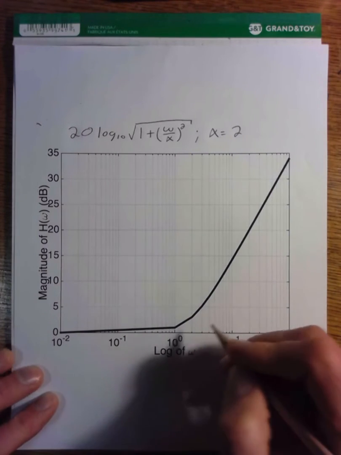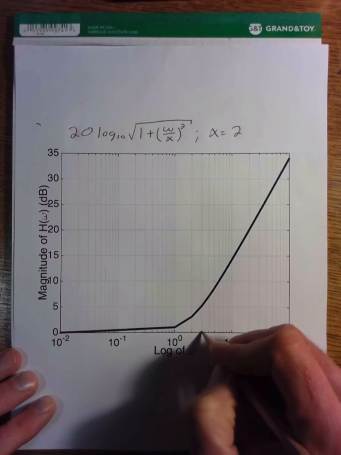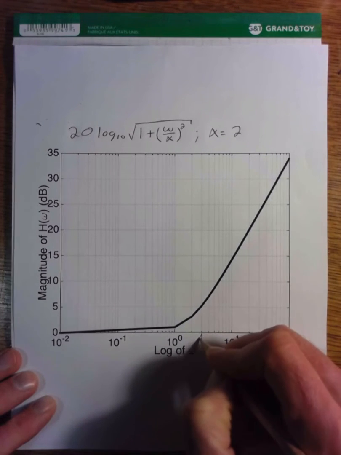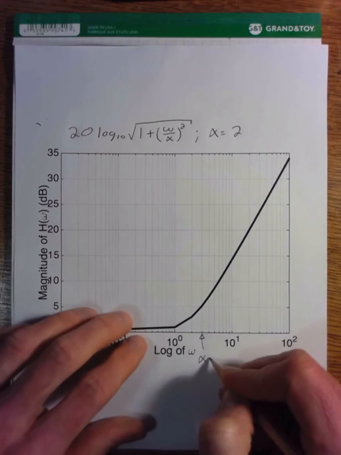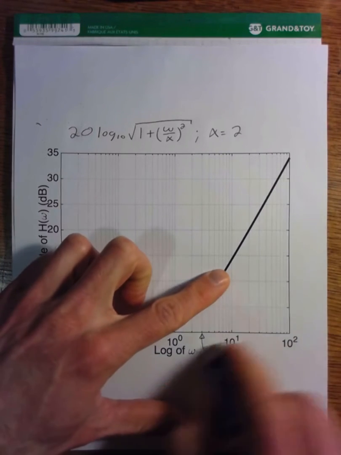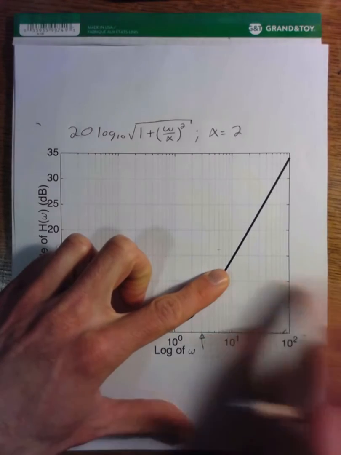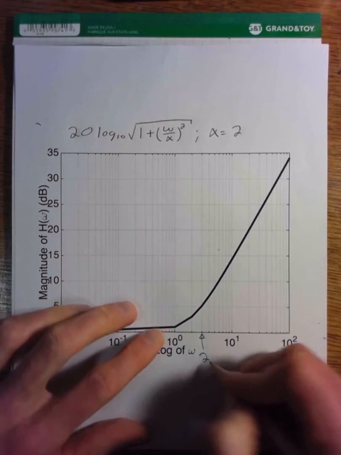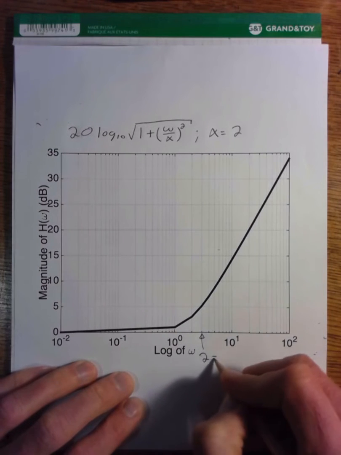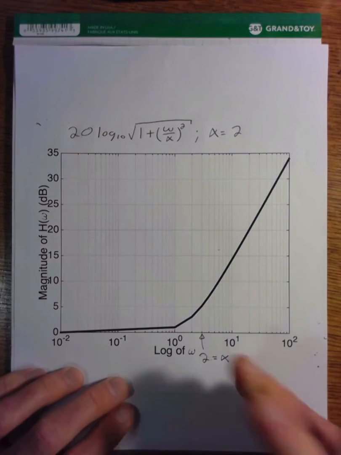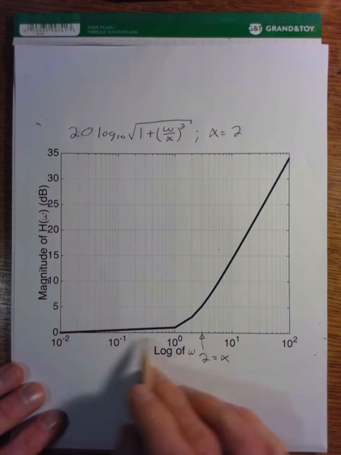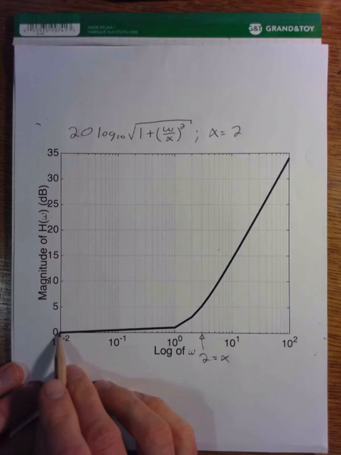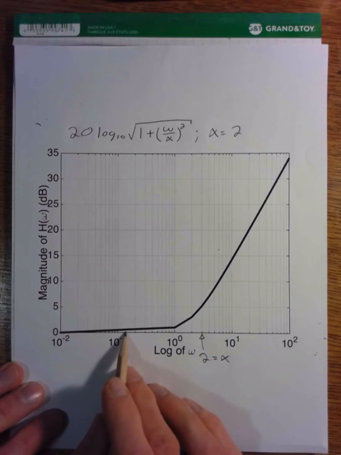And just to point out this location, this is the value of 2, which is our value of alpha. Basically the way Bode plots work is we recognize that for the low frequency range, we have something that looks a lot like a flat line at 0.